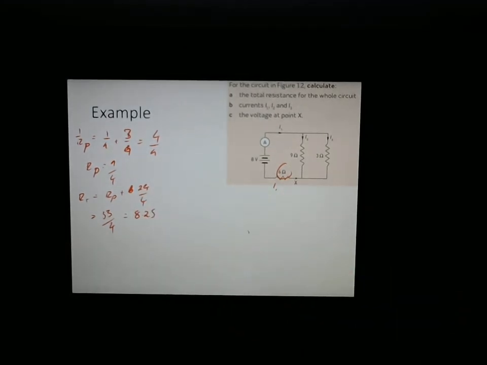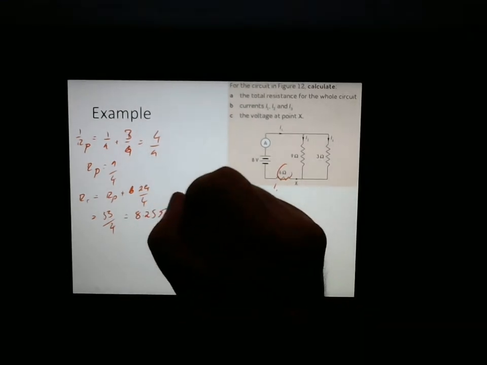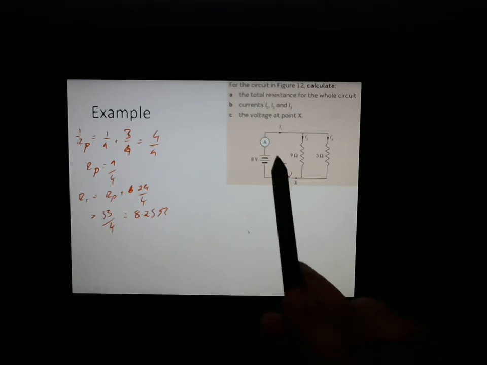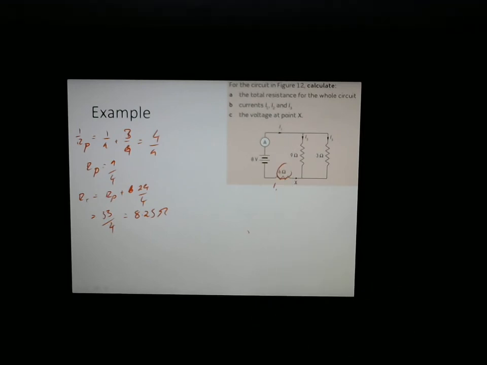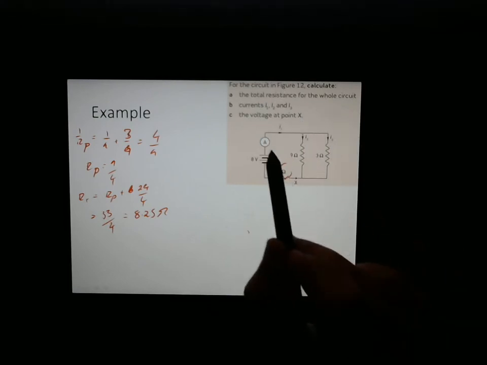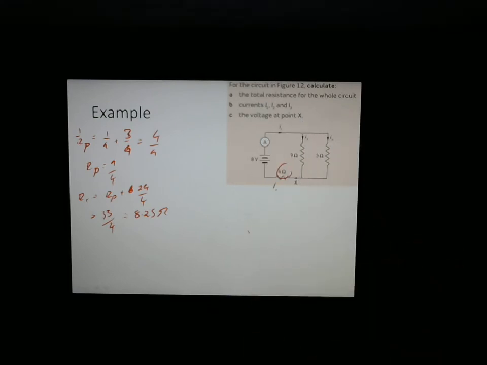Okay, sometimes it might be nice to... look, I just like working with fractions. I find them easy. You might like decimals, it's up to you. It's not really going to be a problem. Okay, now we need the currents. So we know that here the voltage being applied to this point is 8, and the total resistance for this thing is equal to 8.25.